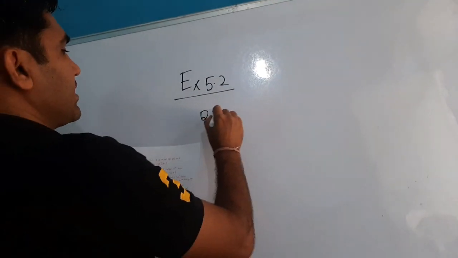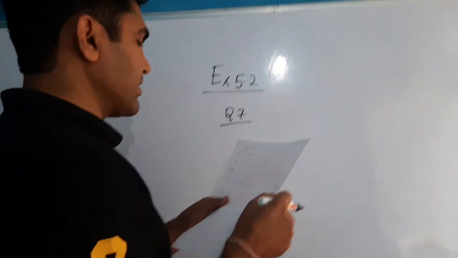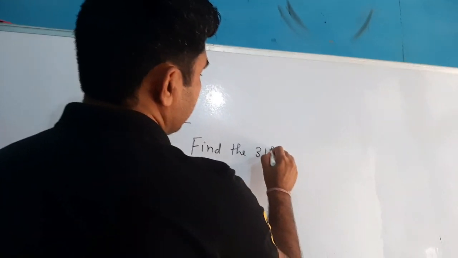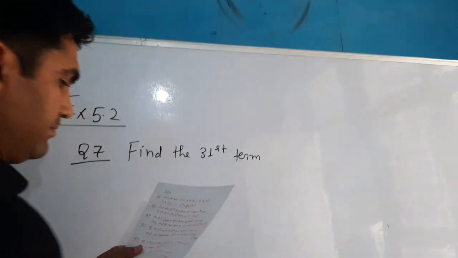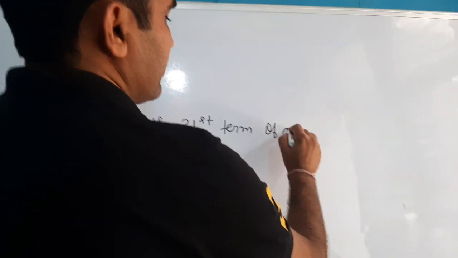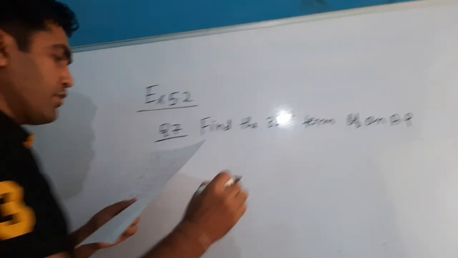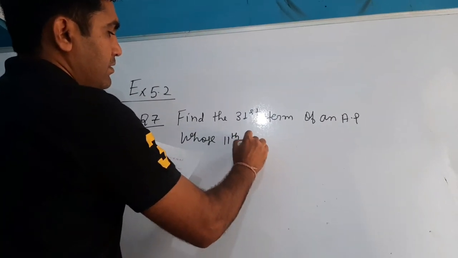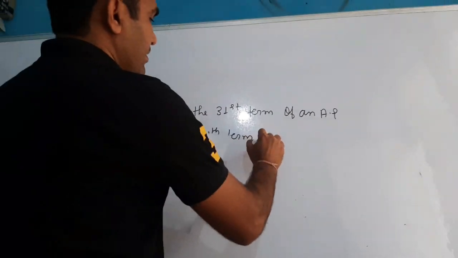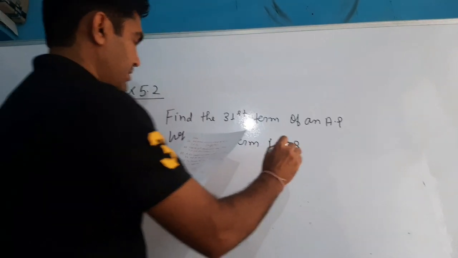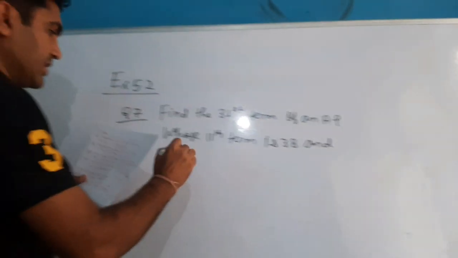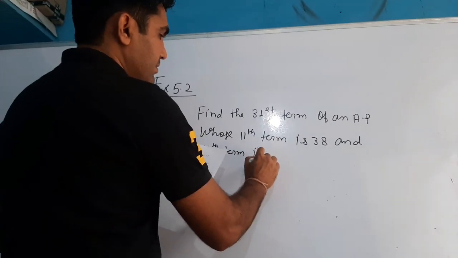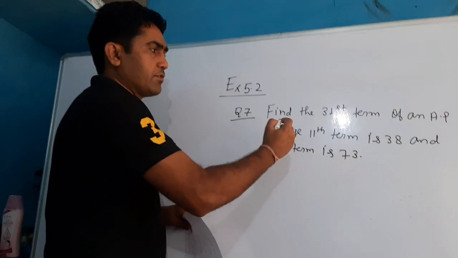Find the 31st term of an AP whose 11th term is 38 and 16th term is 73. So this is the question.